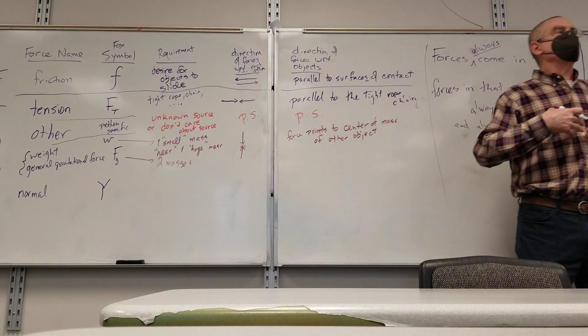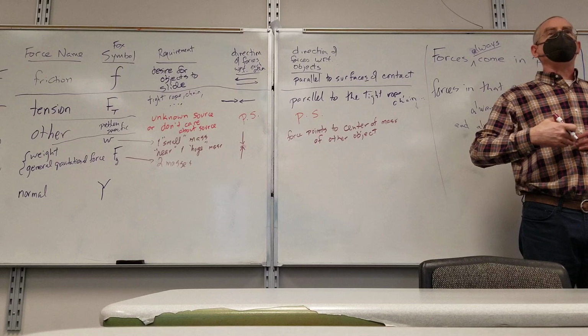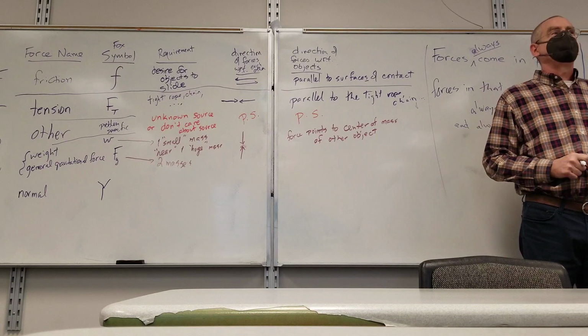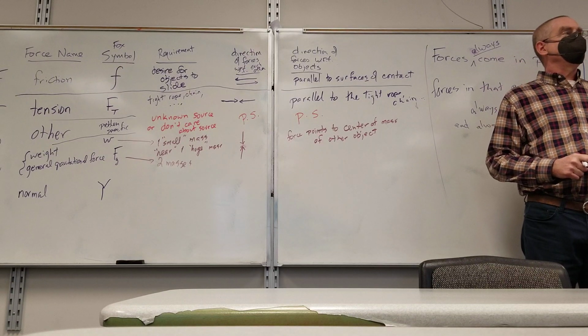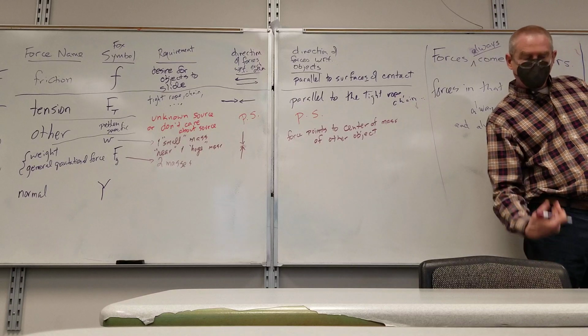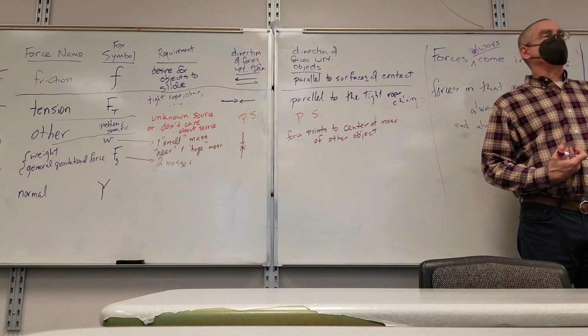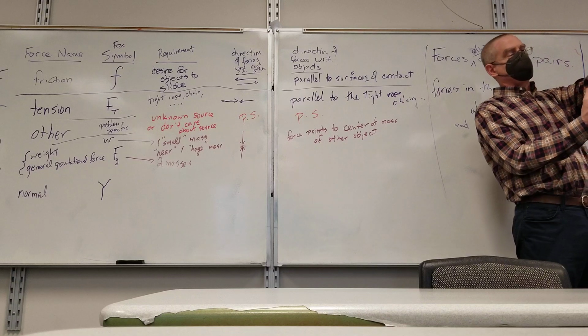So the gravitational force that is acting on me is pointing towards the center of the Earth. Likewise, there's a force pulling on the Earth up towards me, up towards my center of mass. We're being drawn towards each other.